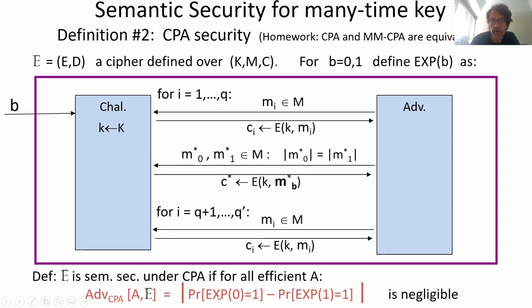And as before, advantage is defined as a correlation between this bit being 1 and this bit being 1 versus this bit being 1 and this one being 0. Okay, so this is a generalization of indistinguishability. Namely, if you just take away this part and this part, you get indistinguishability of encryption, right?